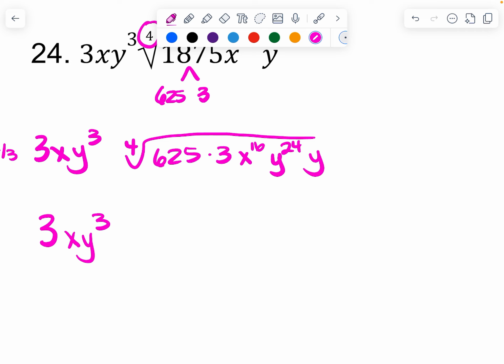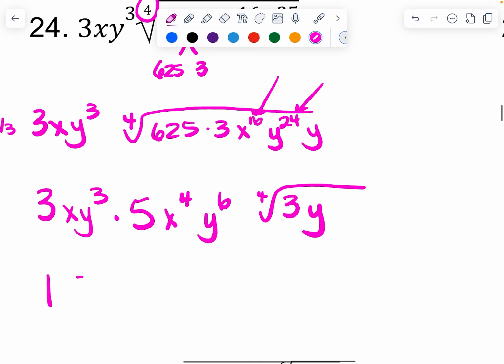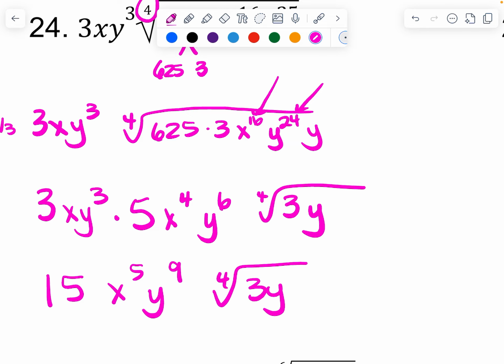The 4th root of 625 is 5. 4th root of 3. I've got this 16 here, divided by 4. Get x to the 4th power. Divide the 24 by 4, so I get y to the 6th and y underneath. So 15x to the 4th, y to the 6th, and the 4th root of 3xy.